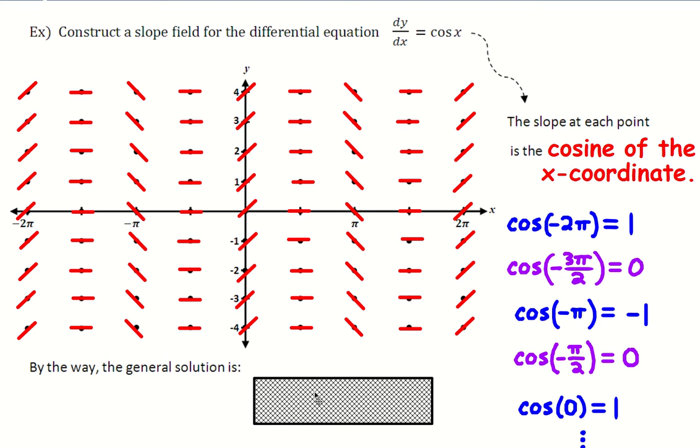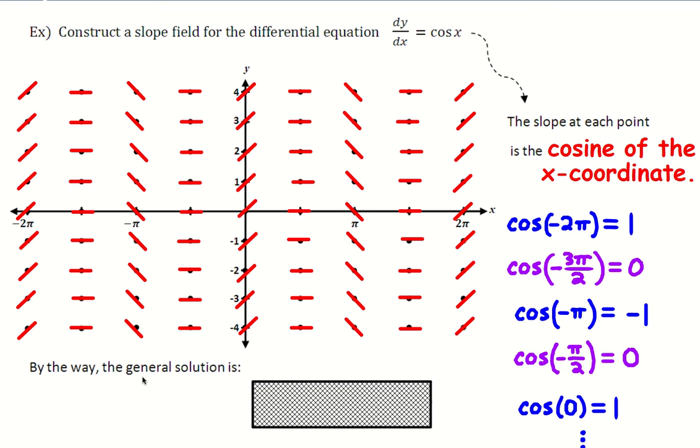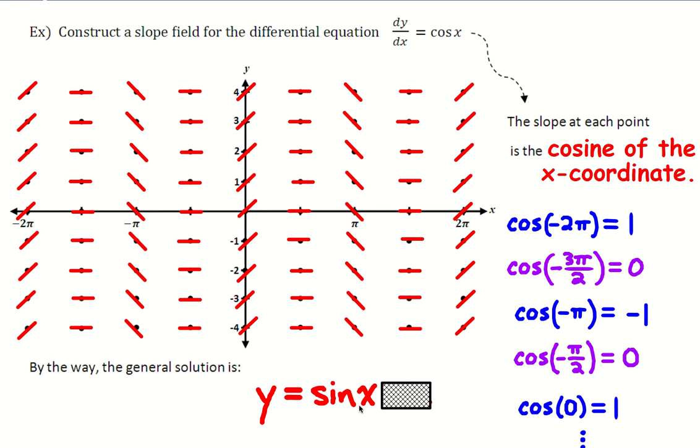By the way, as I let slip a little bit, seems like forever ago now, the general solution is y equals the sine of x plus c, right? So all of these little line segments represent a lot of different plus c particular solutions, but y equals the sine of x plus c.